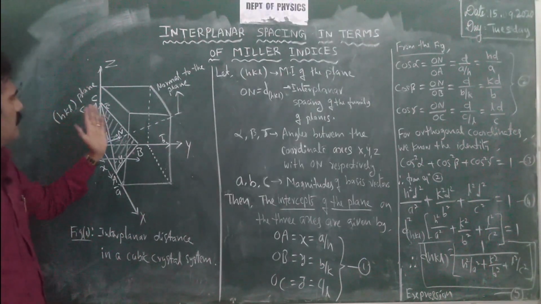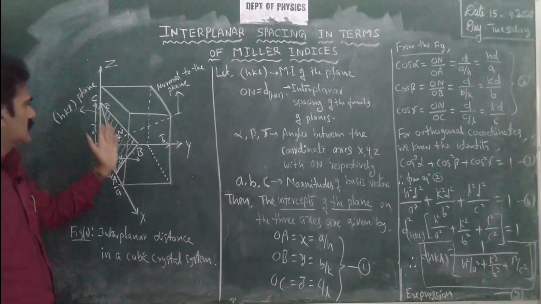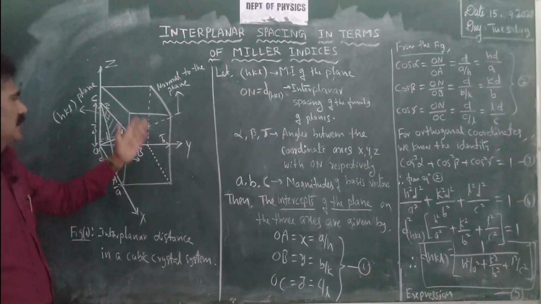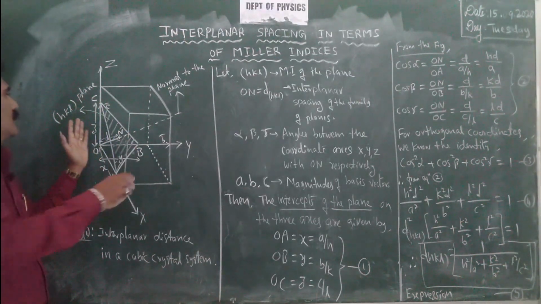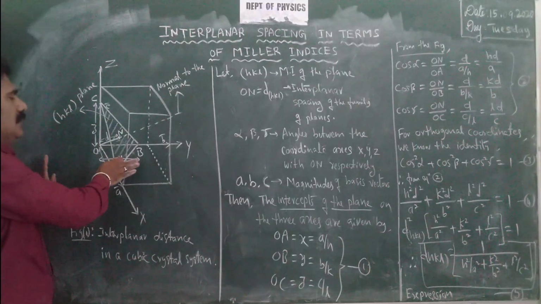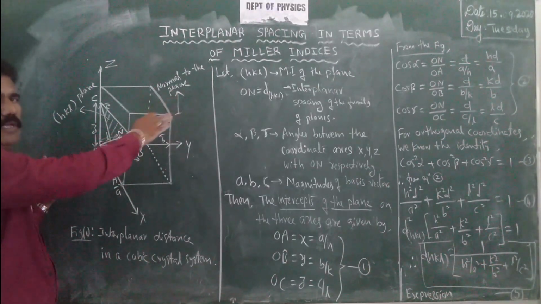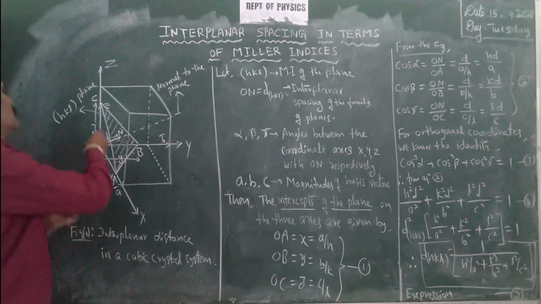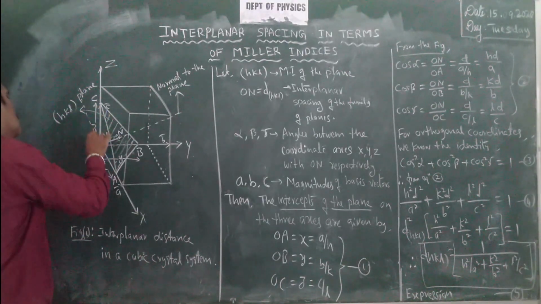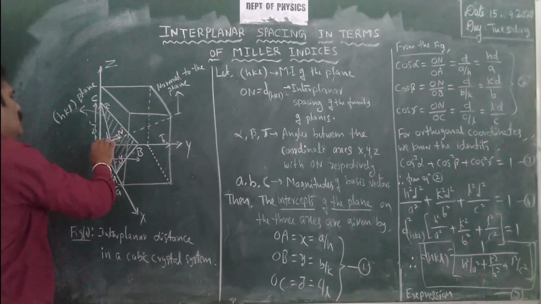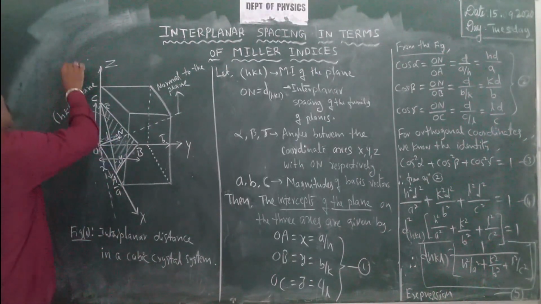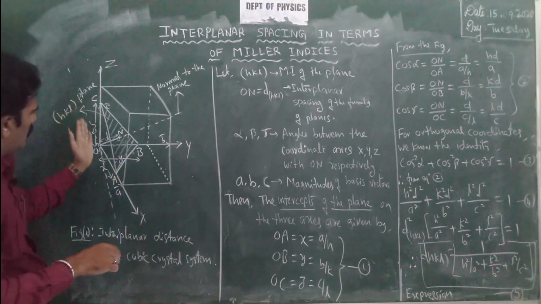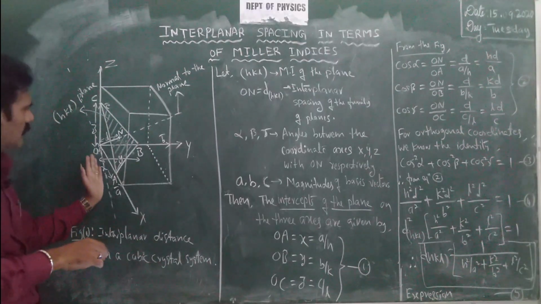Now this plane, after intersecting inside the cubic structure along the x, y, z axes, has various parallel planes you can assume, according to the definition of interplanar spacing. So we can have a number of planes parallel to each other. Let us say the dotted line is passing through the origin as another plane.